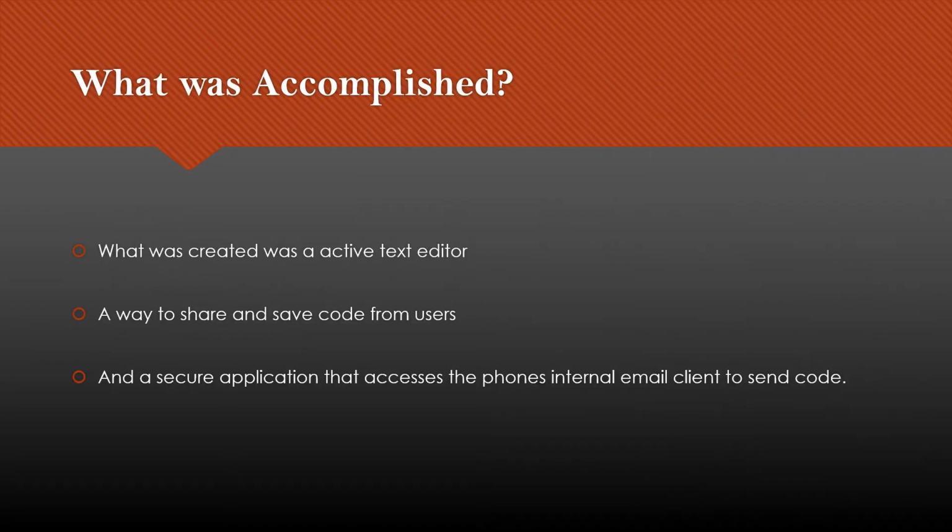So what was accomplished was we were able to make a text editor that was able to actively check for keywords, as well as an editor that was able to insert itself into an email or save itself internally into the phone's internal storage.